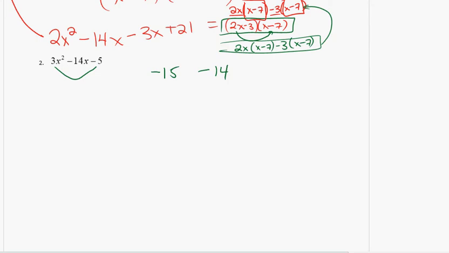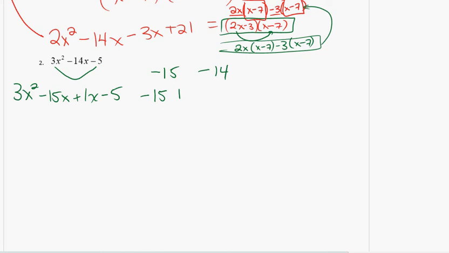Some of you might see that right away: that is negative 15 and 1. So I'm going to break negative 14x into negative 15x and plus 1x, since those still add up to negative 14x.